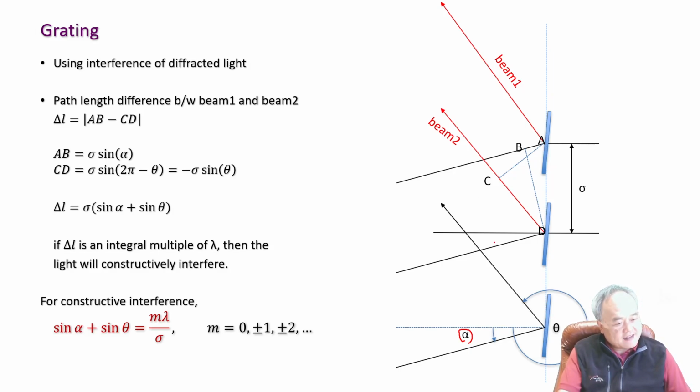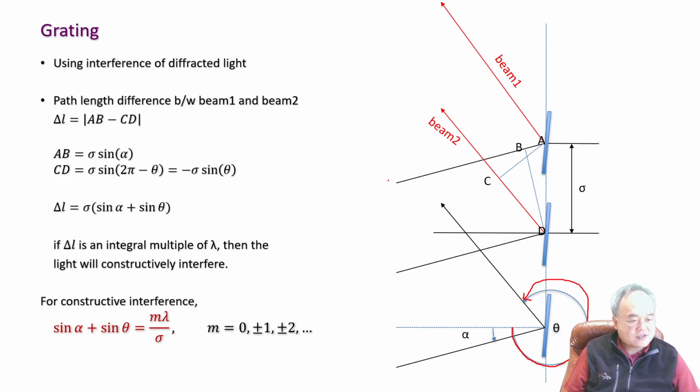Then the reflected light is not at the same angle as alpha measured from the grating surface, so it has a different angle. That different angle is measured from the normal, the right angle against the grating surface, all the way across, and that has the angle theta.